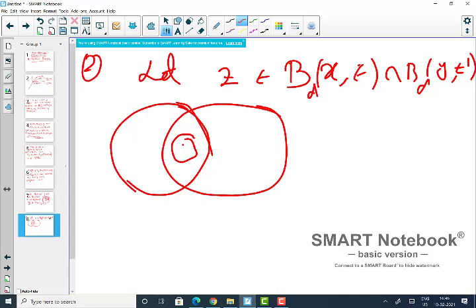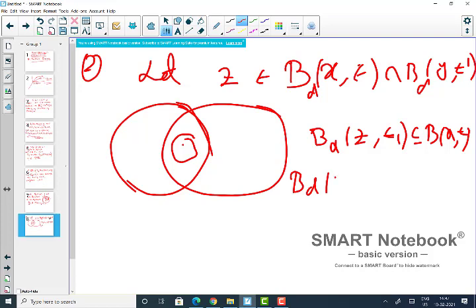For the first one, you can find some epsilon 1 such that B(z, epsilon 1) is sitting inside the first ball B(x, epsilon). And for the second one, you can find another epsilon, say epsilon 2, such that B(z, epsilon 2) is sitting inside B(y, epsilon dash), right?